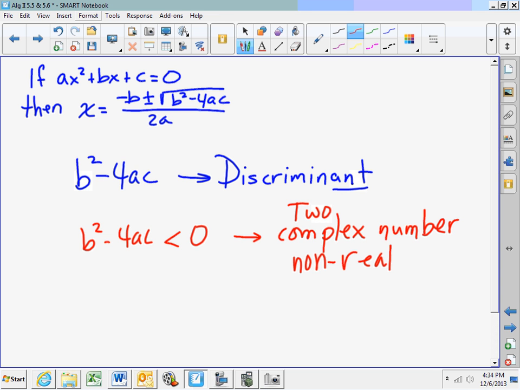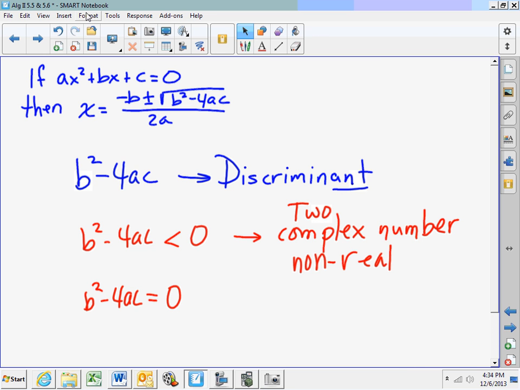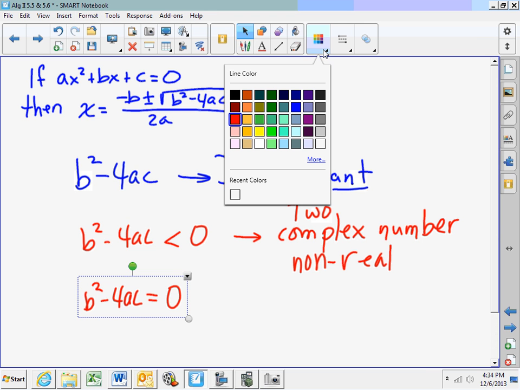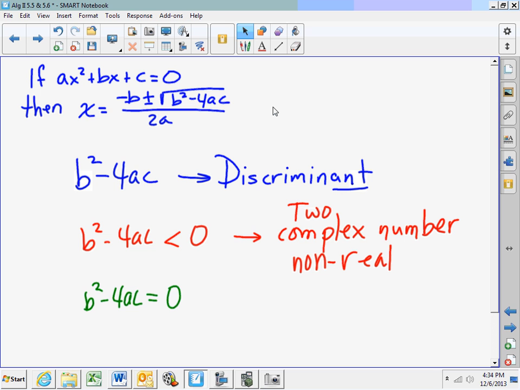The next thing that might pop into your head is, what if b squared minus 4ac is equal to 0? Well, what happens then is that you're going to take the square root of 0, which gives you 0, and you're going to add 0 to negative b and then divide by 2a.